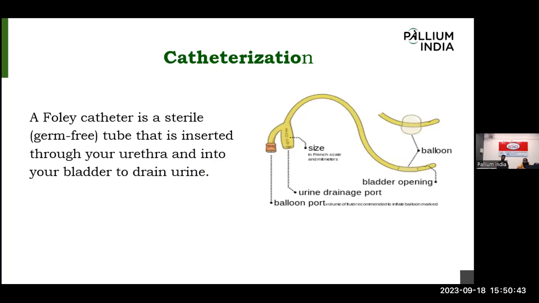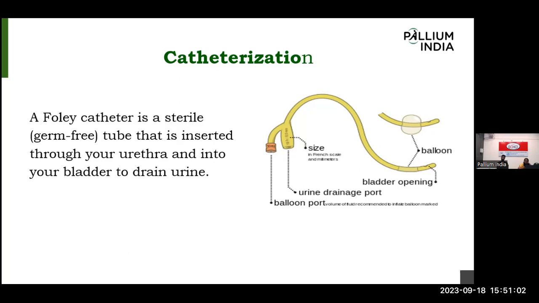Coming to the catheterization part. We all know that a Foley's catheter is a sterile tube that is inserted through your urethra and into your bladder for draining the urine.